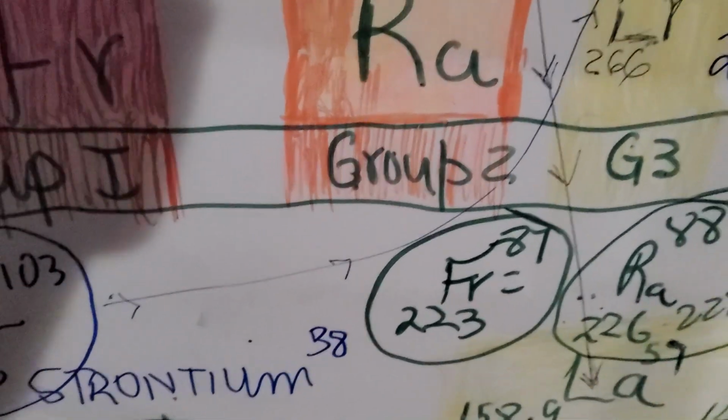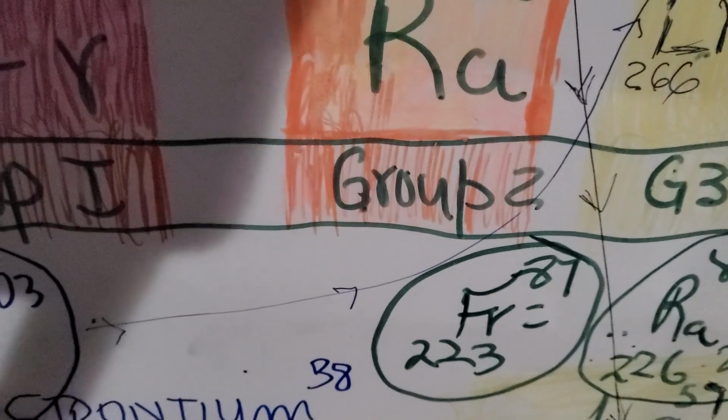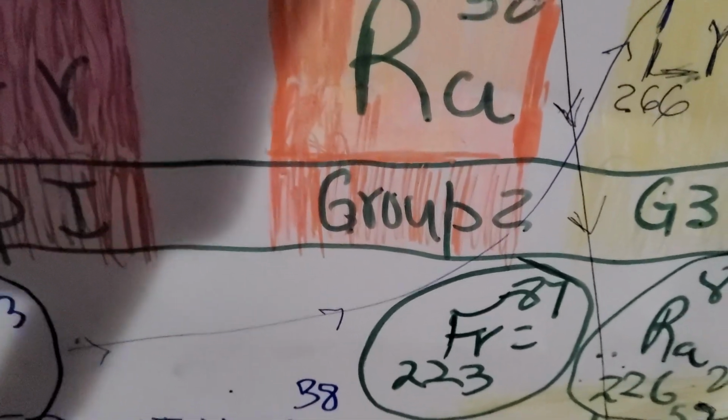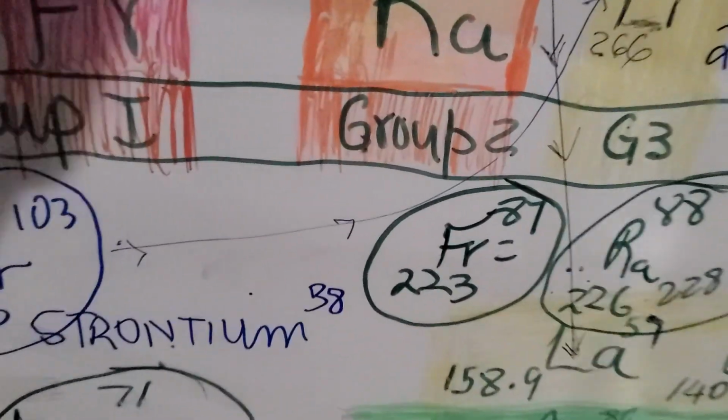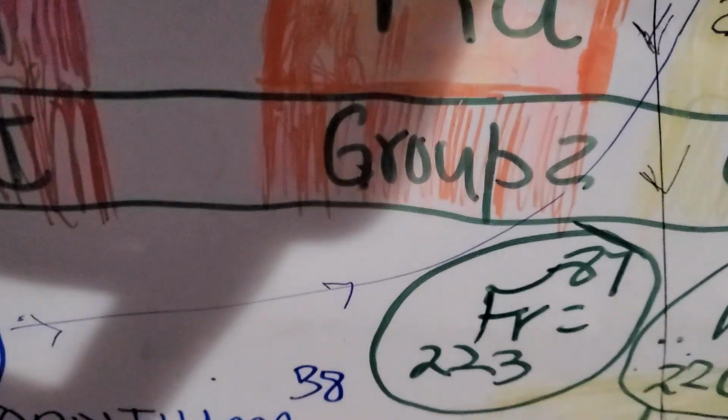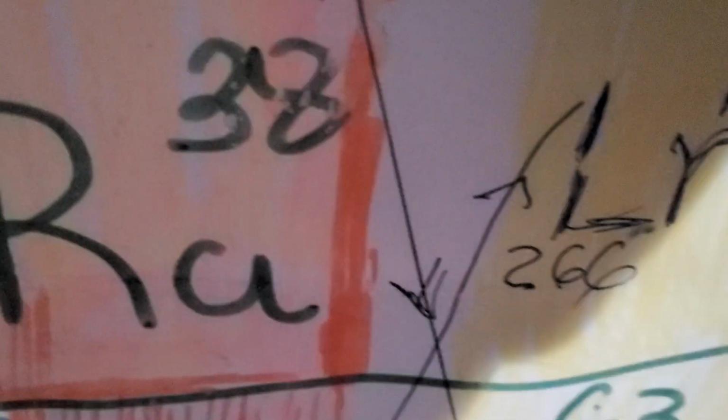Nil tri ium. That would be the modern nomenclature for it. Element 103, Lawrencium, atomic number 103, and an atomic weight of 266.